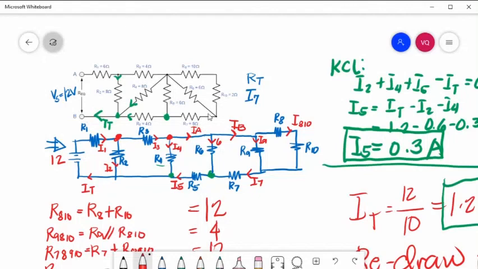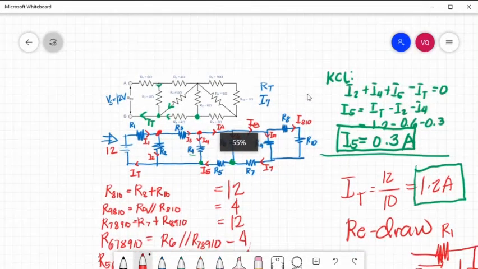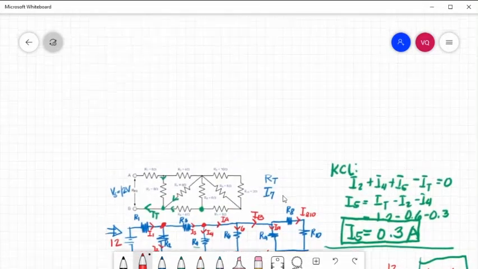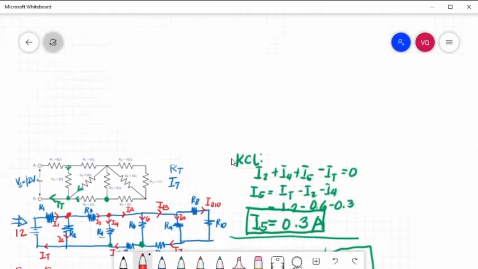So, IA is equal to I3 minus I4. We will have a KCL here. So, IA is equal to I3 minus I4.